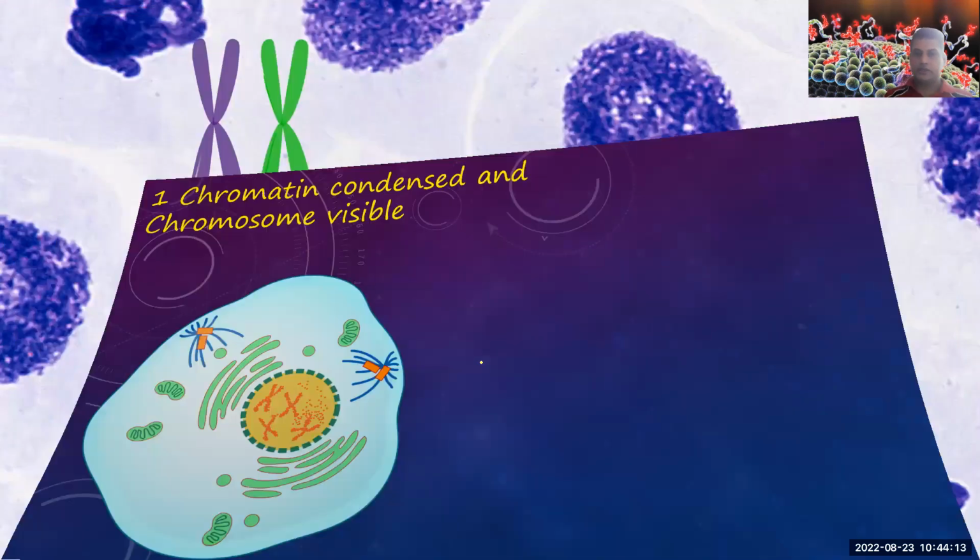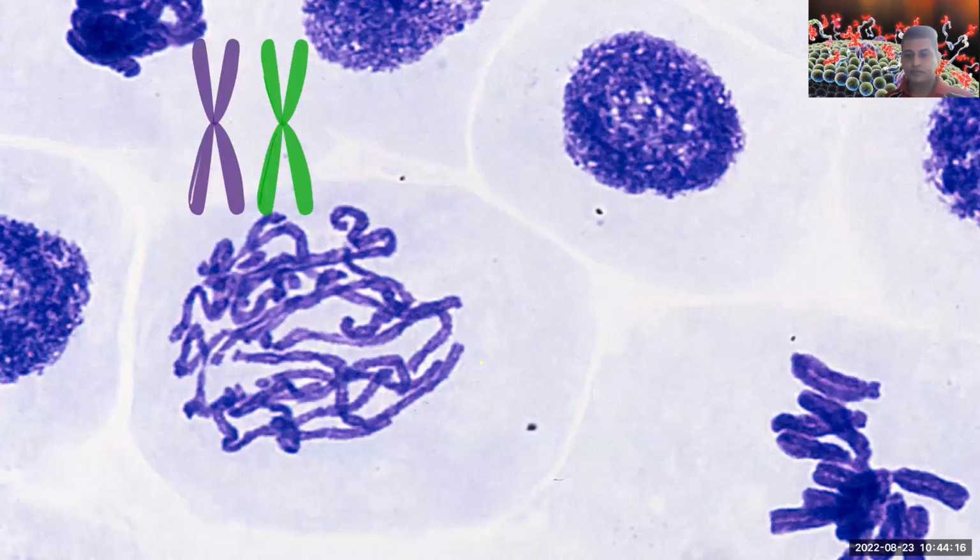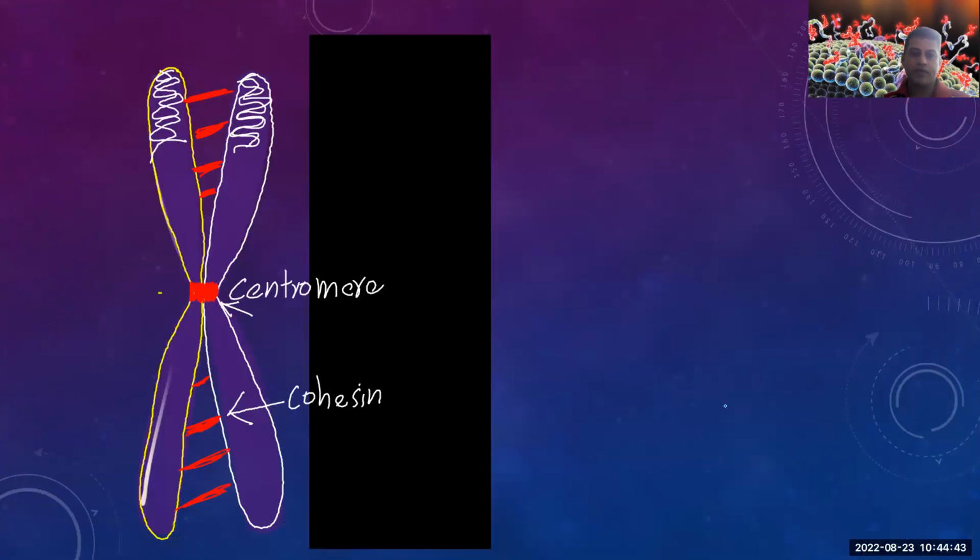We can see something like this, here in this picture. Because they are together and very close with each other, we cannot count exactly the 46 duplicated ones, right? Okay, then the second one: the protein which attaches the sister chromatids is called cohesin.